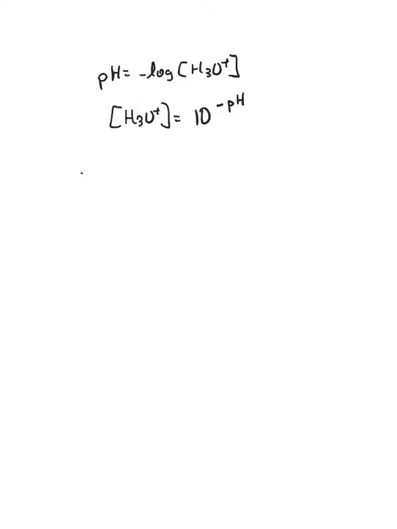So if I have a solution that has a pH equal to 3, the hydronium ion concentration is equal to 10 to the minus 3.00, which is going to equal 1.0 times 10 to the minus 3. Once again, I've got 2 decimal places in my mantissa. That means I'm only going to have 2 significant figures in my concentration.